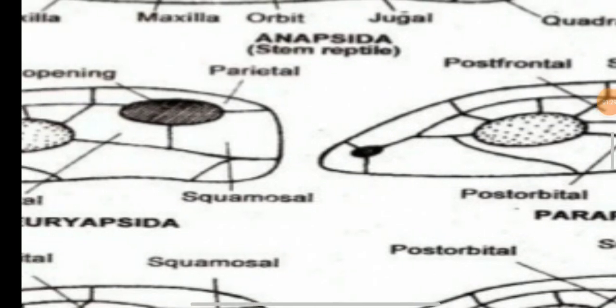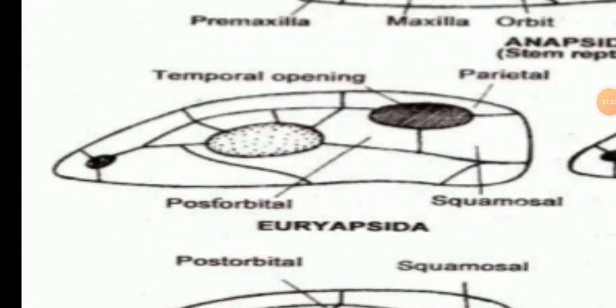In case of Euryapsida, you will find that only one temporal opening or fossa is present, namely called the supratemporal fossa, right? And it is more close to the roof of the skull.